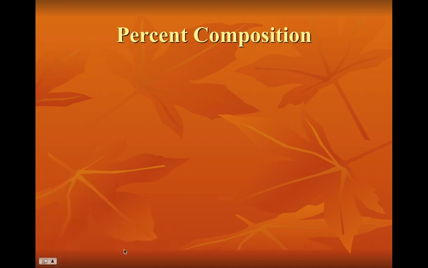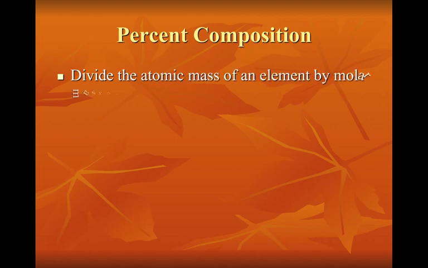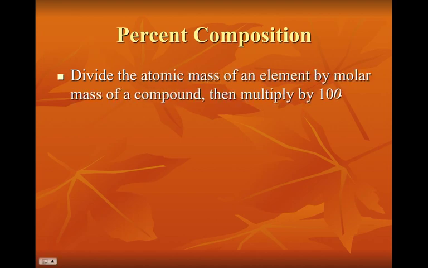So this video is going to be all about how do you find percent composition of a compound. Well, it's really simple. Anytime that you are working with a percentage, percentages are always going to be some part, some portion of what you're dealing with over the whole thing, and then multiply this fraction by 100%.